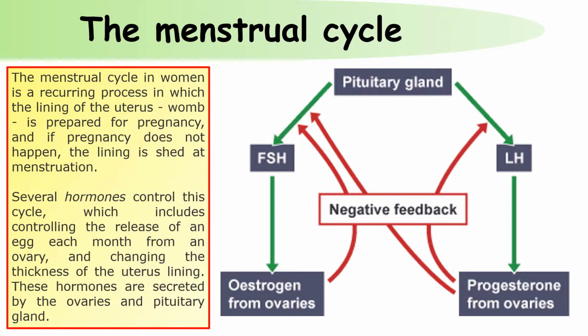The hormone progesterone stops the pituitary gland from producing any LH, and it stops the uterus lining from breaking down. After 7 days, when the progesterone runs out, the uterus lining breaks down and the menstrual cycle begins again.